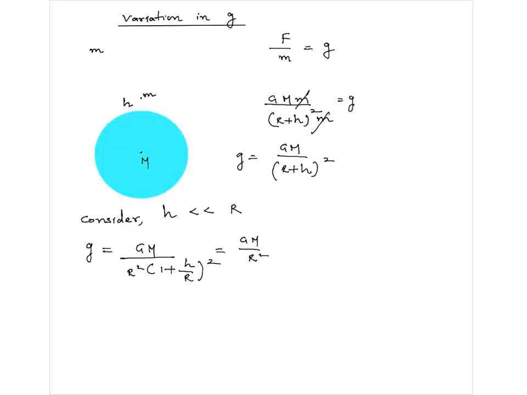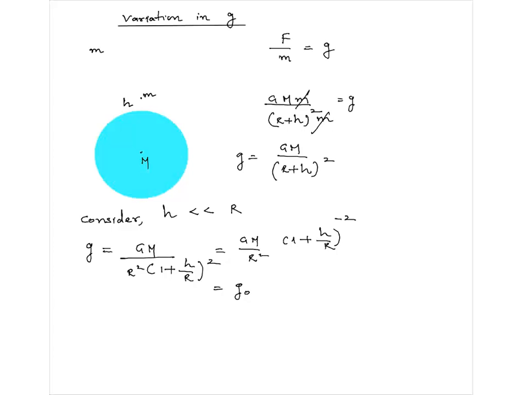GM by R squared is g at the surface. Maybe we can call it g naught. This should be to the power minus 2.